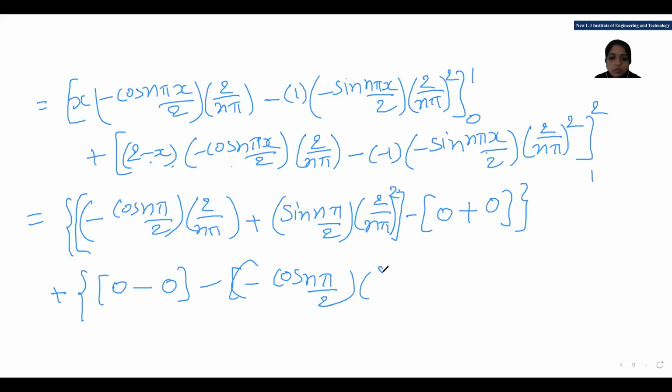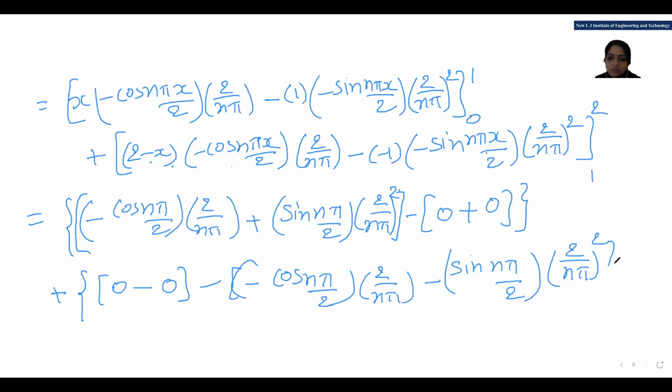Into 2 upon n pi. And in the second step, if I put 1, then sine n pi by 2, 3 times minus here, so minus sine n pi by 2 into 2 upon n pi whole square.